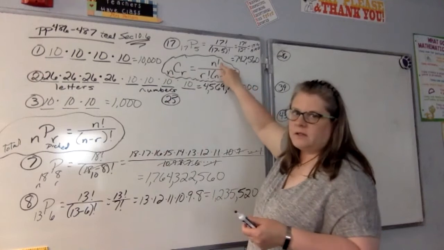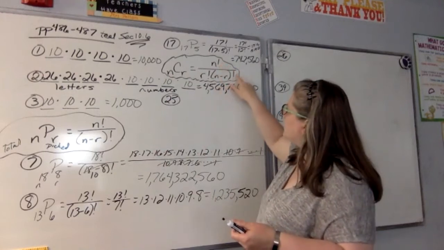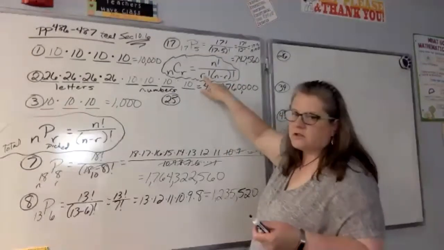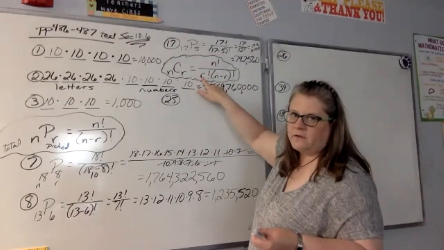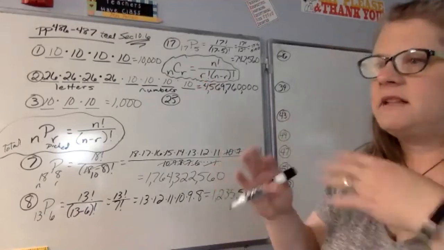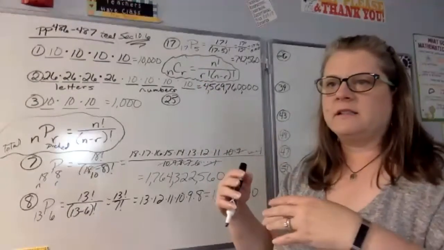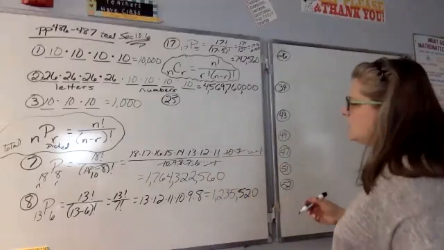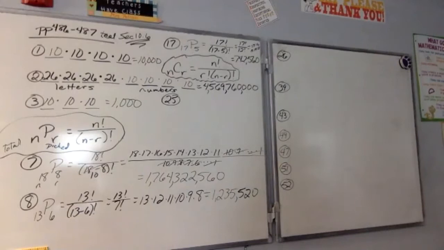N factorial on the top and N minus R factorial on the bottom. But since the order didn't matter, it has this extra little R factorial in the front that we can divide by, because that takes out all the duplicates of getting the same people just because they were picked in different order.